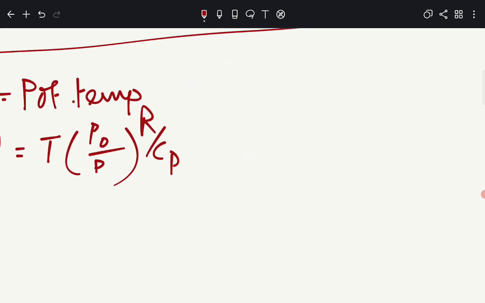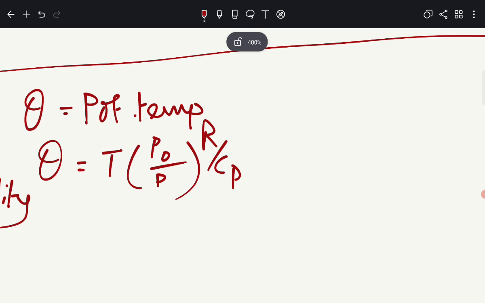If you remember, during the definition of potential temperature, we usually talk about some terms. First of all, one is adiabatically. We want to move any parcel adiabatically.